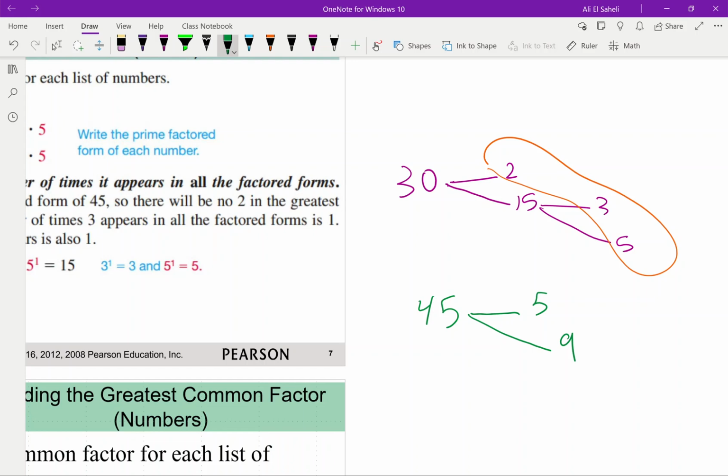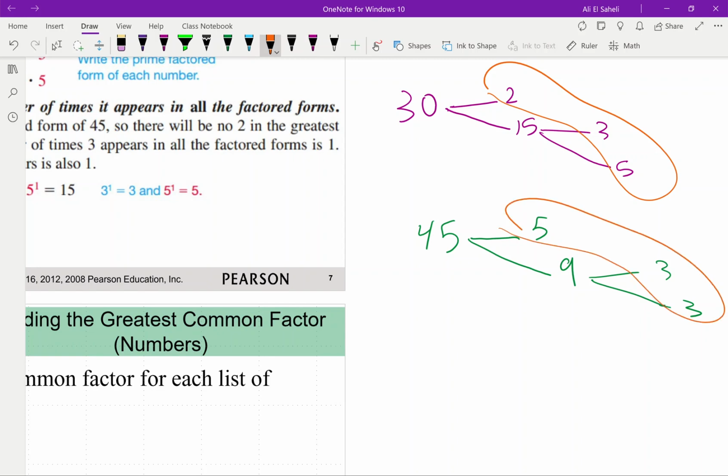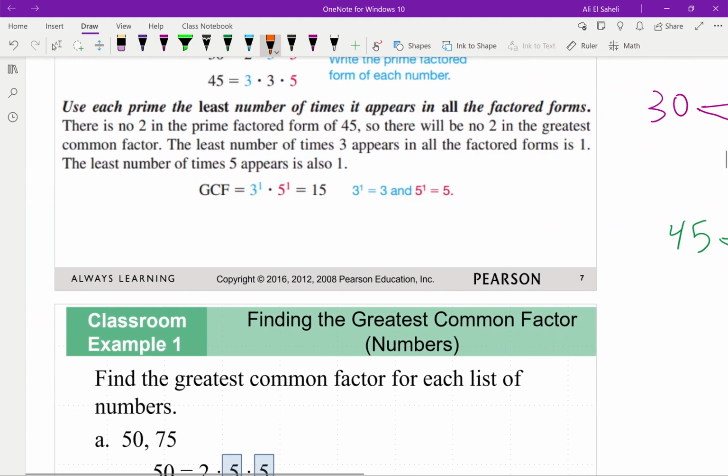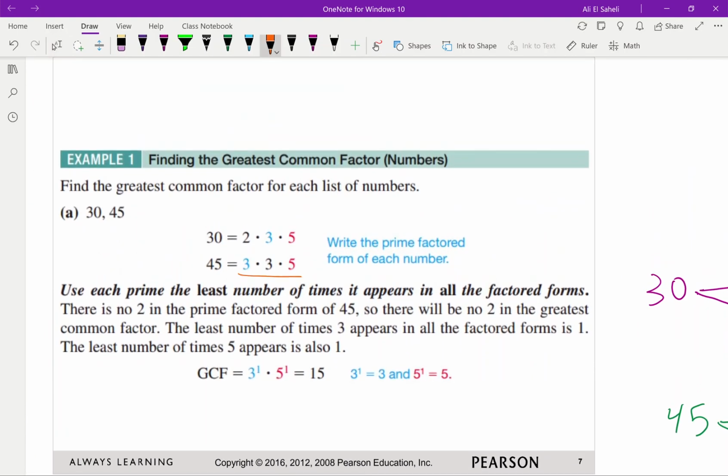Yeah, I forgot my multiplication table. So 5 times 9 is 45. 9 is written as 3 times 3. So this is the factorization of 45: 3 times 3 times 5.